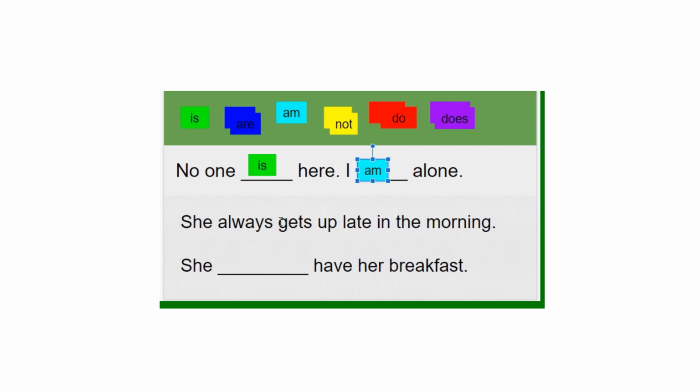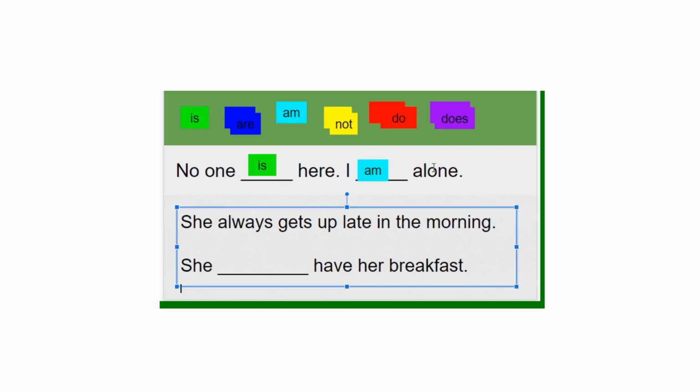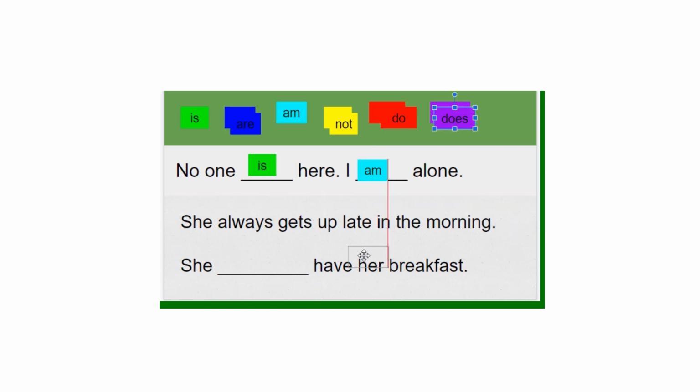Okay. She always gets up late in the morning. She blank have her breakfast. What is the answer? Very good. She does not have her breakfast.